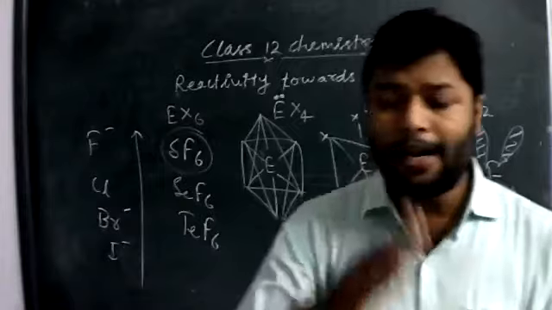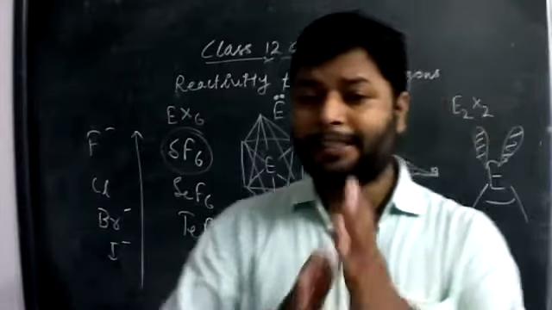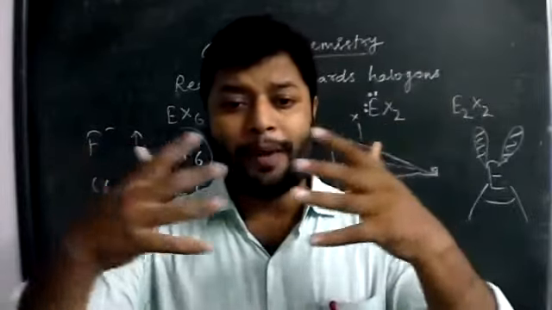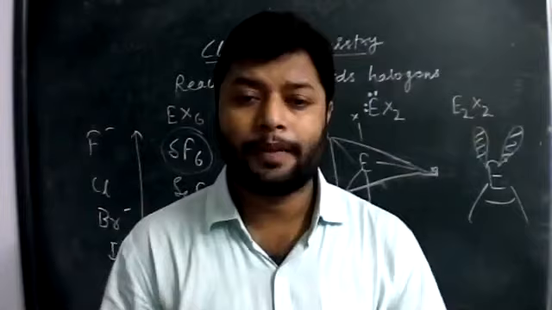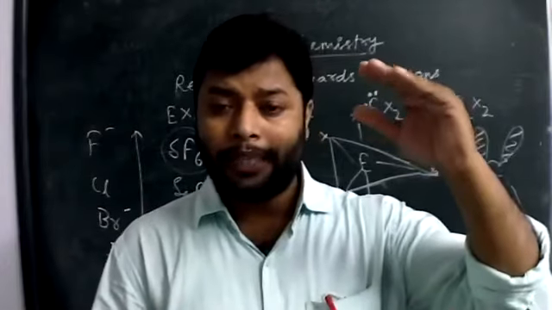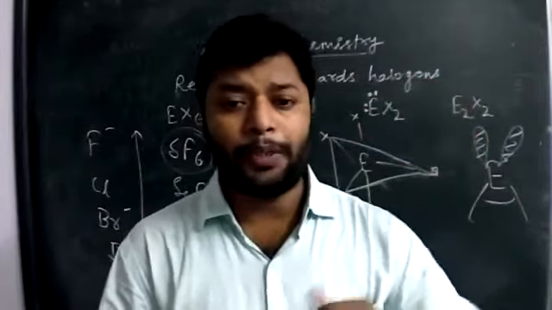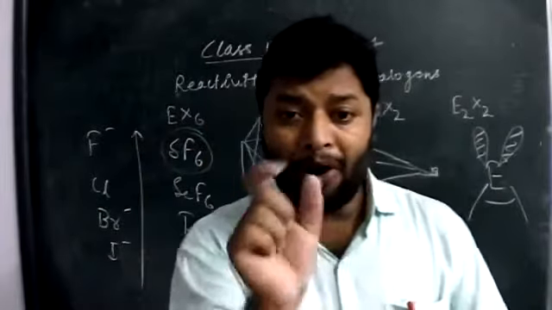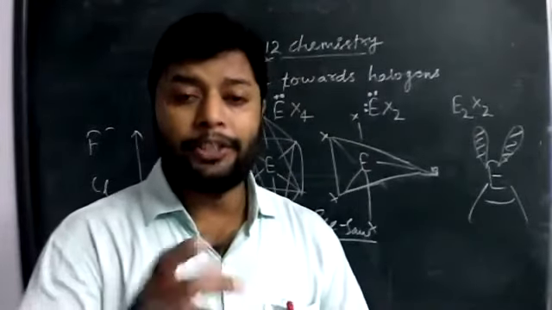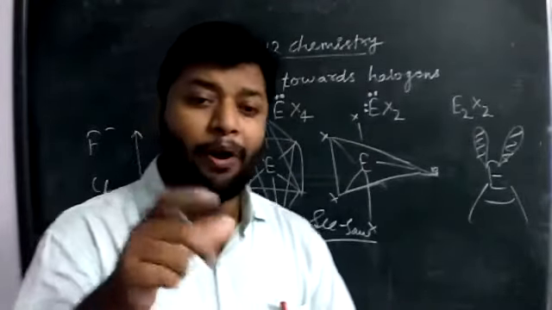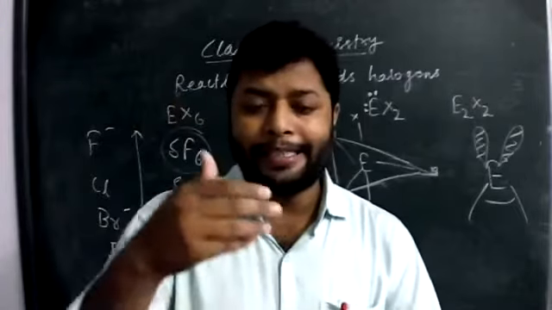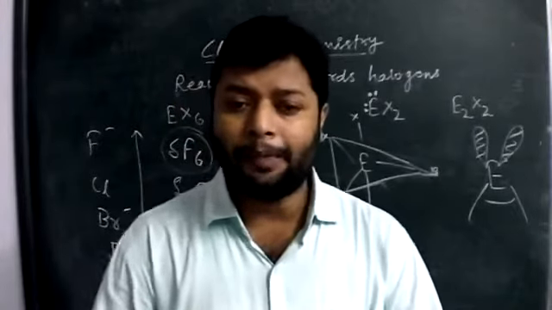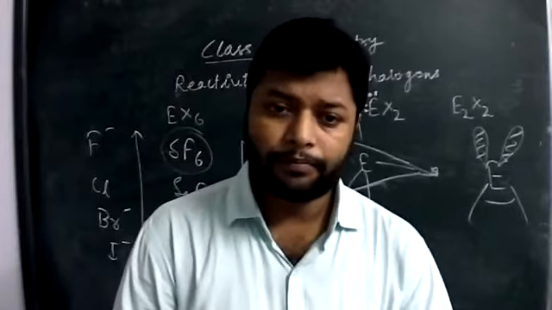With the central element, if the element has a smaller size, the extent of overlapping will be greater. As the size increases down the group, the extent of overlapping decreases. That will decrease the bond energy, so the bond can easily be broken by supplying energy from outside.